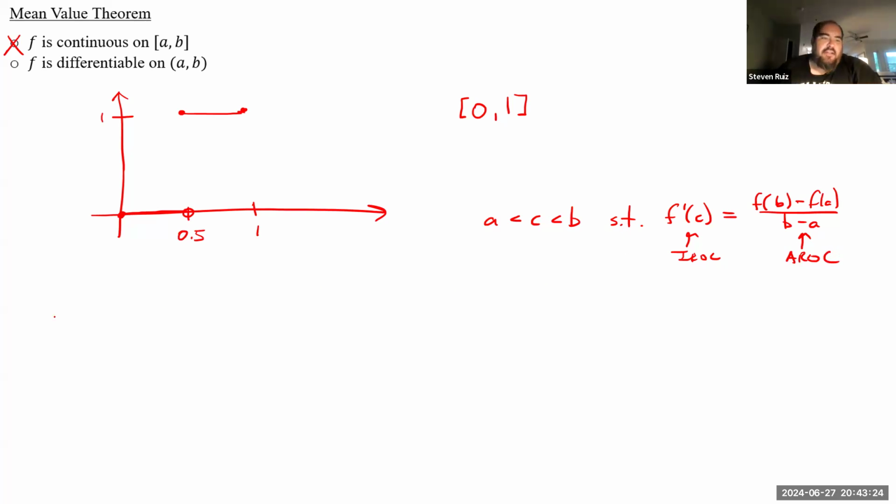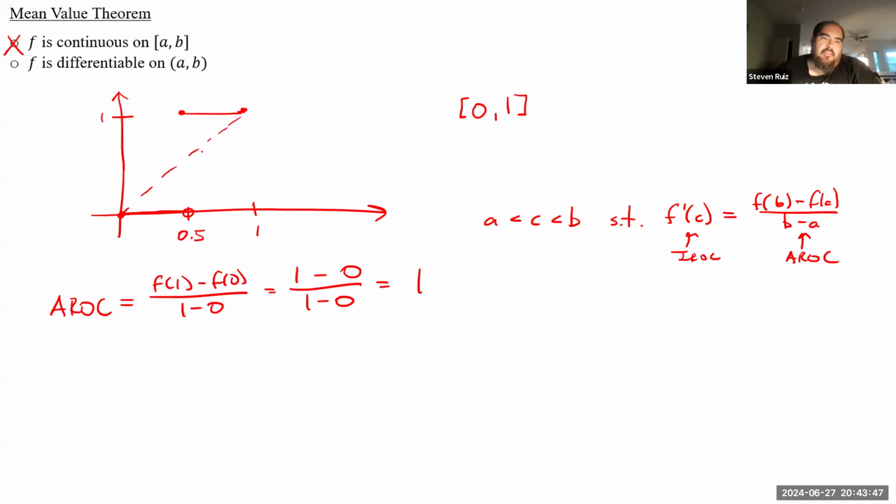So let's now find the average rate of change. It's f of 1 minus f of 0 over 1 minus 0. f of 1 in this case is 1, and f of 0 is 0. So my average rate of change is 1. If I were to connect these two points with a secant line, this slope would be 1.